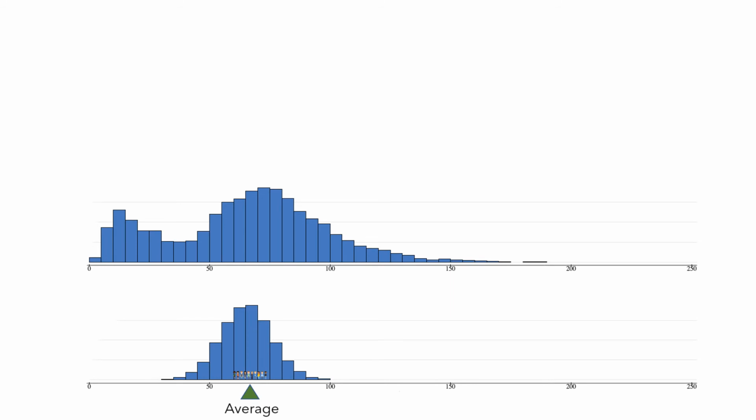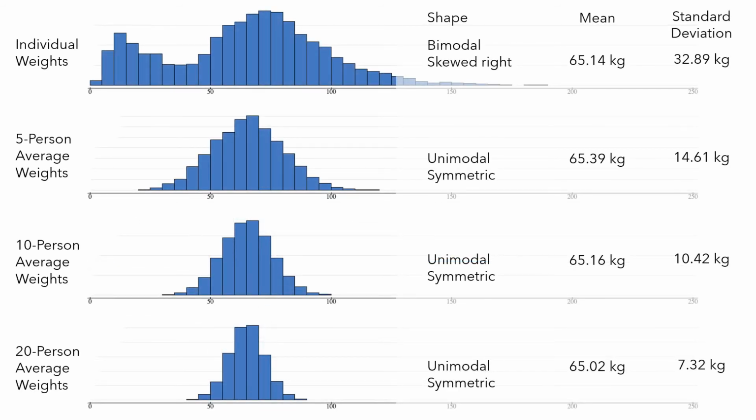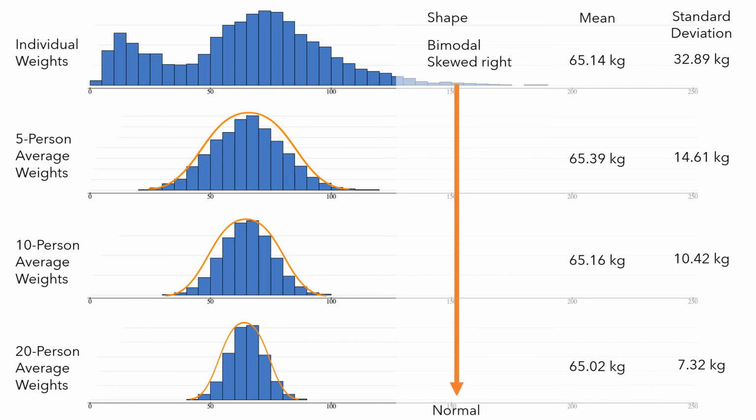Now, let's go back and compare those four distributions. So we've thought about why using a larger sample size makes the resulting sampling distribution have less variation, and why the averages tend to be clustered around the overall population mean. And it turns out that we can make this pattern more exact. Not only do the shapes of the sampling distributions become unimodal and symmetric, but they approach the shape of a normal distribution, which is sometimes called a bell curve.